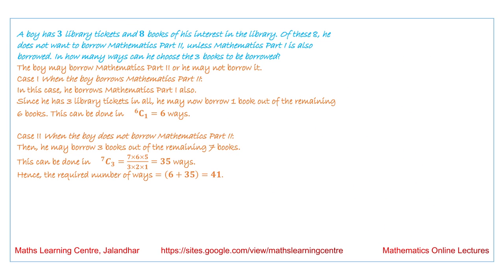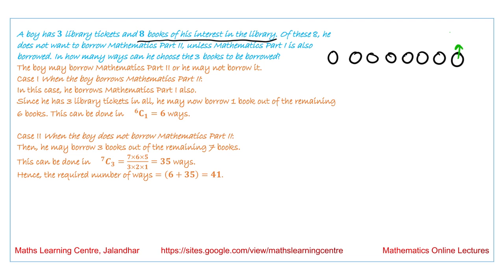Now the next question we have is, a boy has 3 library tickets and 8 books of his interest in the library. Of these 8, he does not want to borrow mathematics part 2.